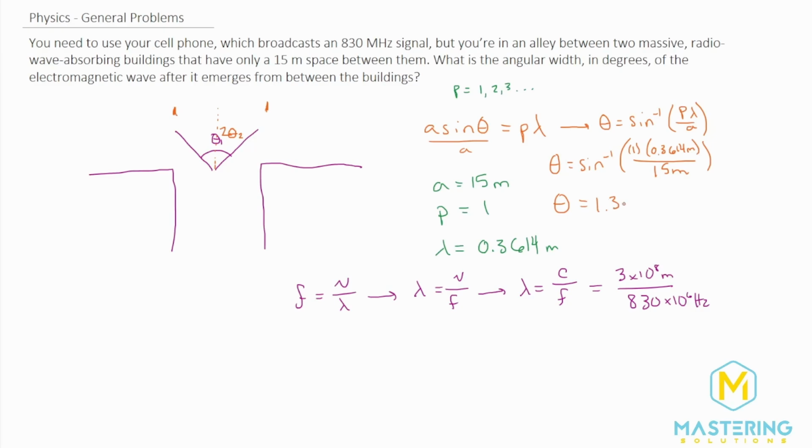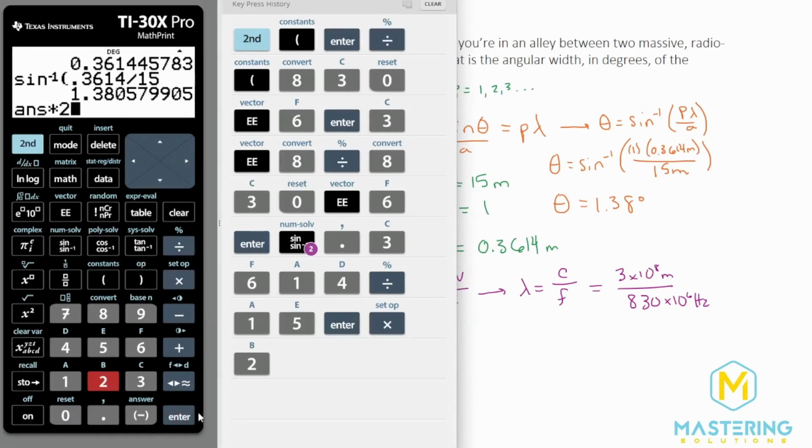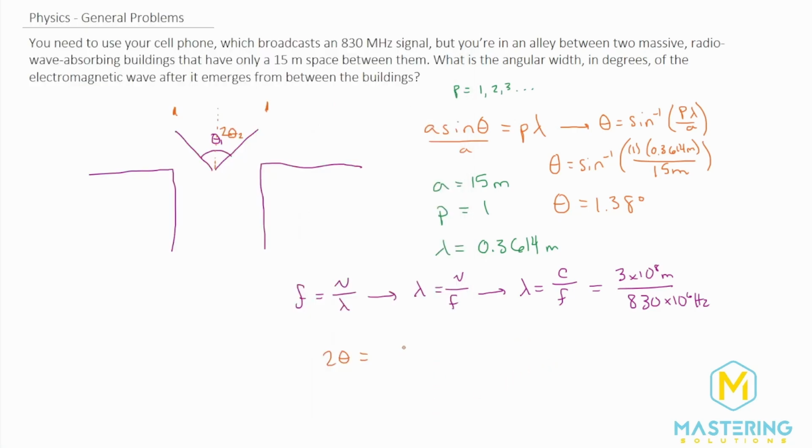So 1.38 degrees. Now remember, that's from the center of the central max out to the first order minima. So we need to take 2 times theta to give us our answer. And so we have 1.38 times 2, and that's 2.76, which we could round to 2.8. So the width in degrees of our wavelength as it emerges from the two buildings in this single slit style problem is 2.8 degrees.